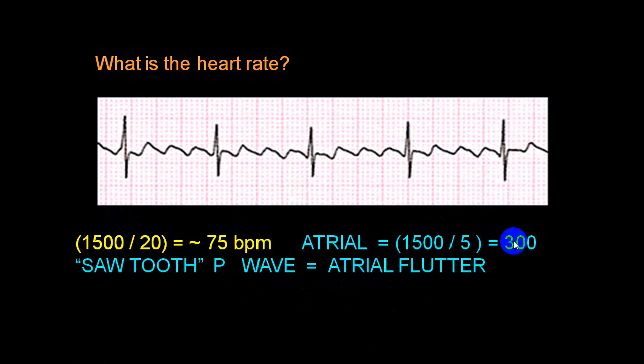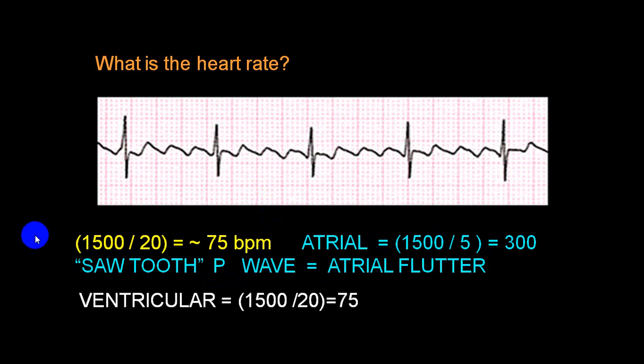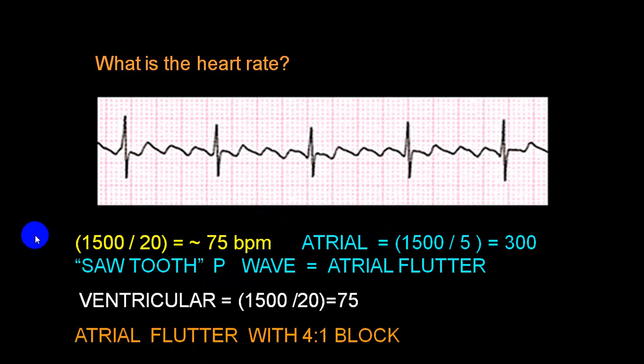So there is an atrial rate of 300 and ventricular rate is 75. The P wave is a sawtooth appearance. That's why this is called atrial flutter. Now, for every 4 atrial beats, 1 is transmitted. So this is called 4:1 block. Ventricular rate is 75. Atrial flutter with 4:1 block.